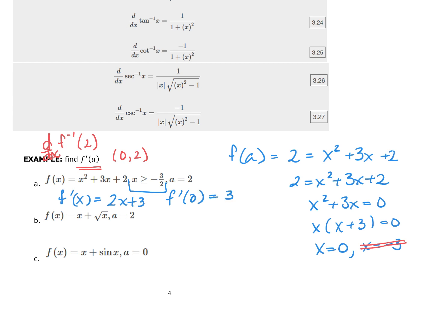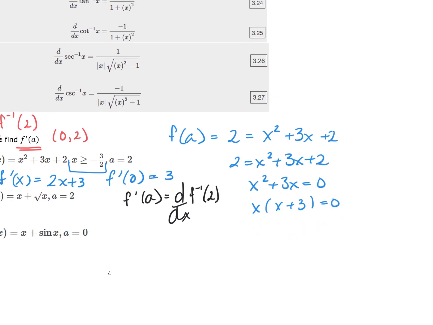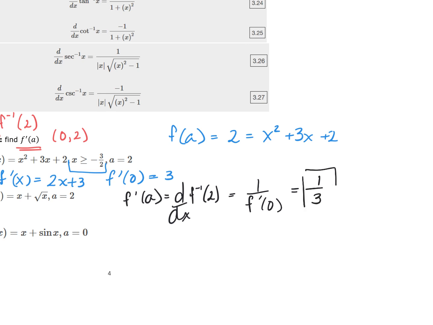That means my answer, f prime of A, which is f inverse, excuse me, I'm going to do all my notations here correctly, it is d dx of f inverse of 2, which is going to be equal to 1 over f prime of 0. And so we know that f prime of 0 happens to be 3, so my answer is 1/3.